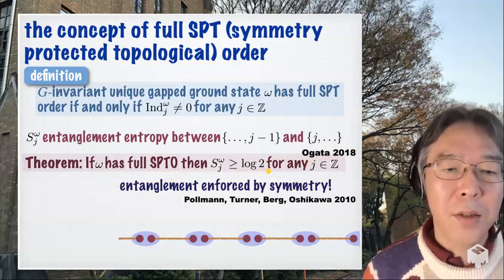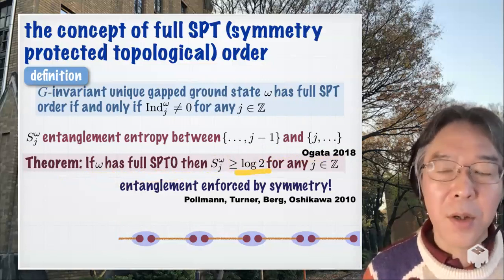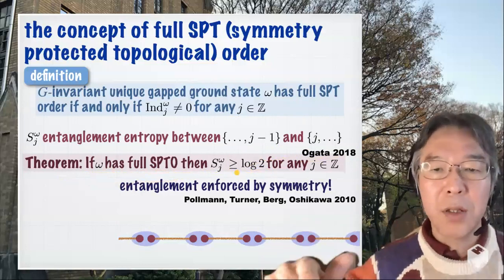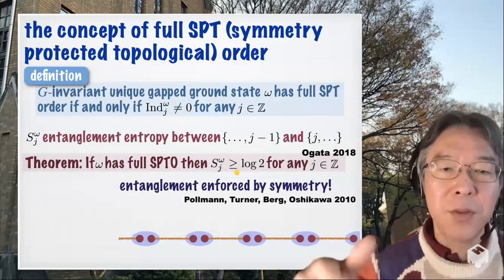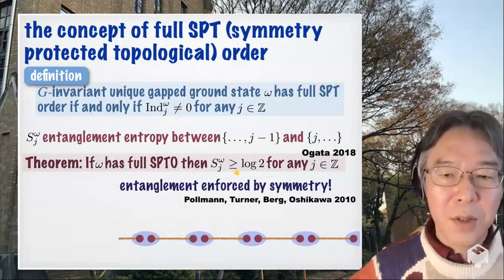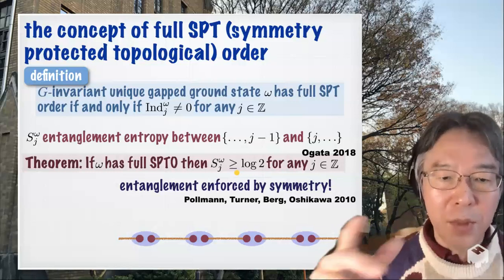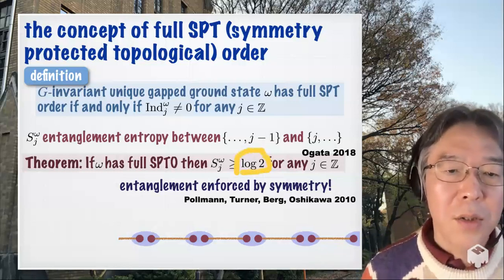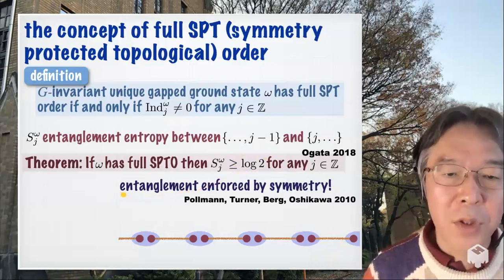Okay, and this means that you can never get rid of this entanglement entropy. You can modify the ground state. You have to keep the gap and you have to keep the G symmetry. But as long as you keep the gap and G symmetry, you can never get rid of this log 2 entropy. So this is entanglement enforced by symmetry.